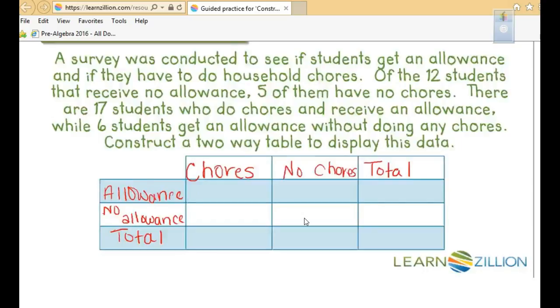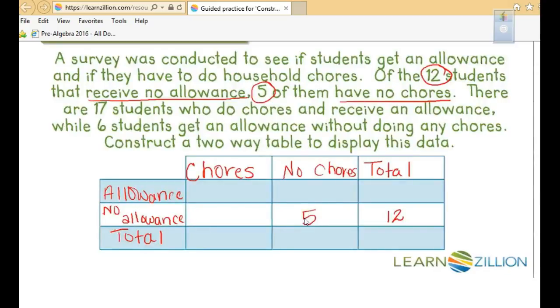So let's look and see what information we have. We know that we have 12 students that receive no allowance. So that means the total number of students receiving no allowance, there are 12 of them. Of those 12, 5 have no chores. So we go to the no chores, no allowance.